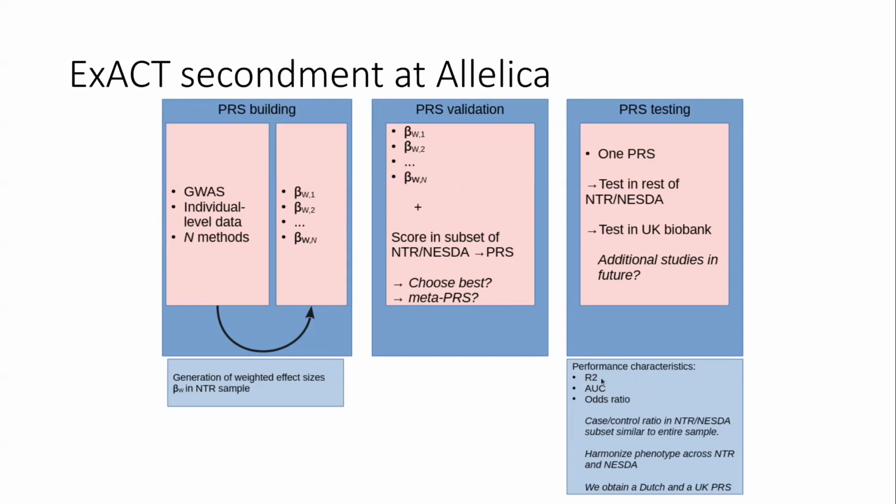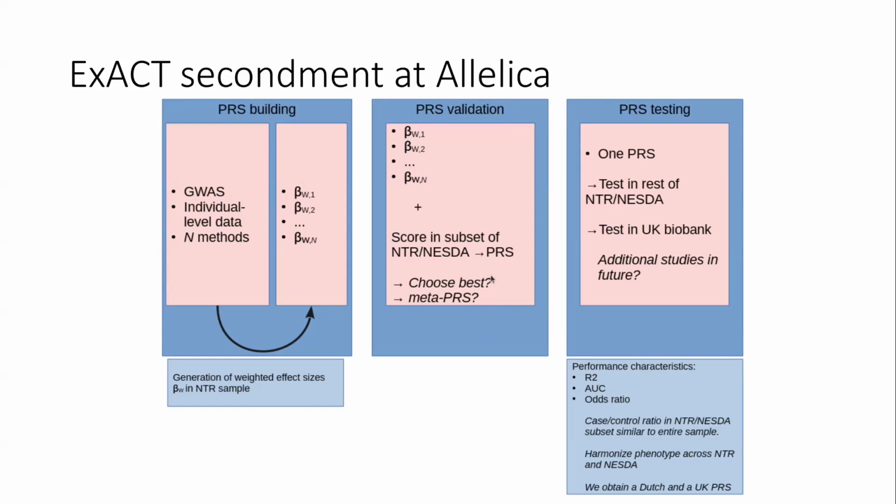For now, we took the R-squared or the explained variance. So that is when you have the final PRS determined by some method, one of the N methods over here, and you calculate how much this PRS explains the actual phenotype, so the case control data that we have for NTR, and you can express that in an R-squared statistic.